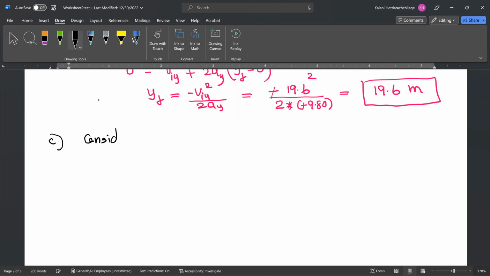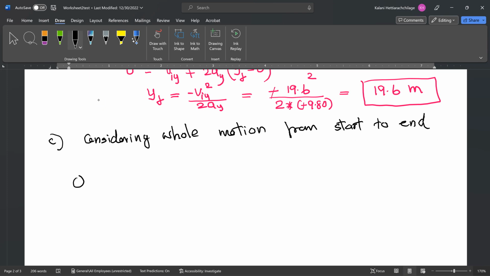So considering from start to end, if you want, you can redraw it. It's going to land here.